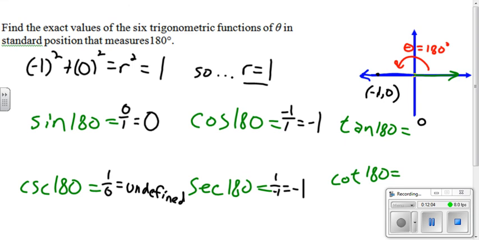If y was 0 and x is negative 1, our tangent is 0. The cotangent, remember, is the reciprocal, so we'd have negative 1 over 0, in which case we'd say that that's undefined again. So these would be our 6 trigonometric functions of theta, that is 180 degrees.